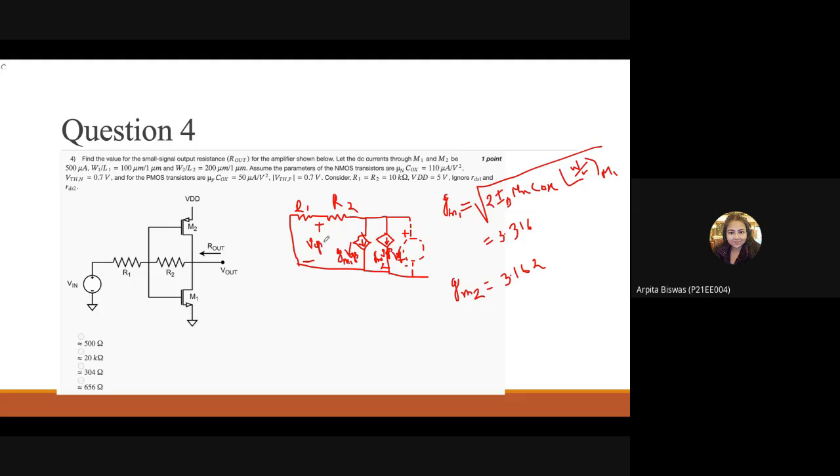Then from this circuit you have to calculate IT.